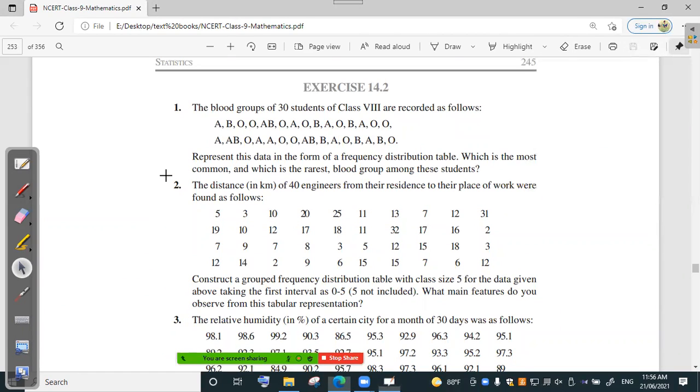But we made the frequency table of this question, correct? So after making this frequency table, only then can we give the answers. Okay, I will take this question.